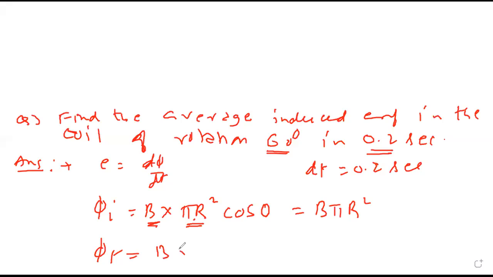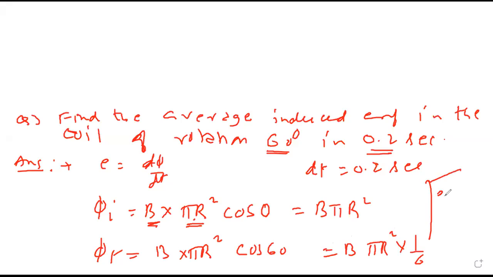After time dt seconds, the coil will rotate by theta, so the normal will rotate by theta. That means B is at the same position, but the area vector gets rotated by 60 degree. So it will become pi r square into cos 60, which is half. So induced EMF will be the difference of these two, which is half times the original.